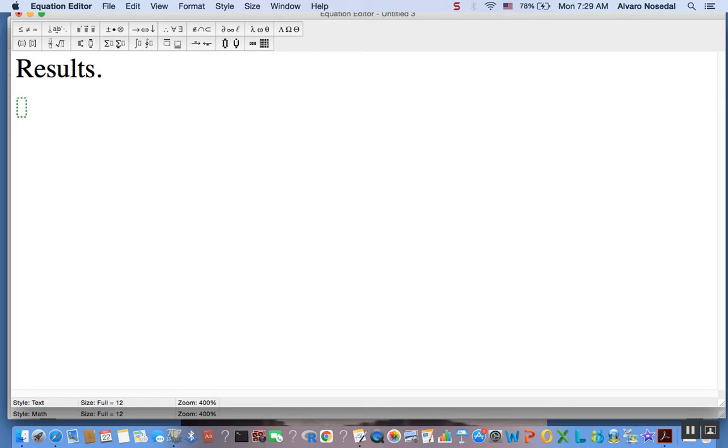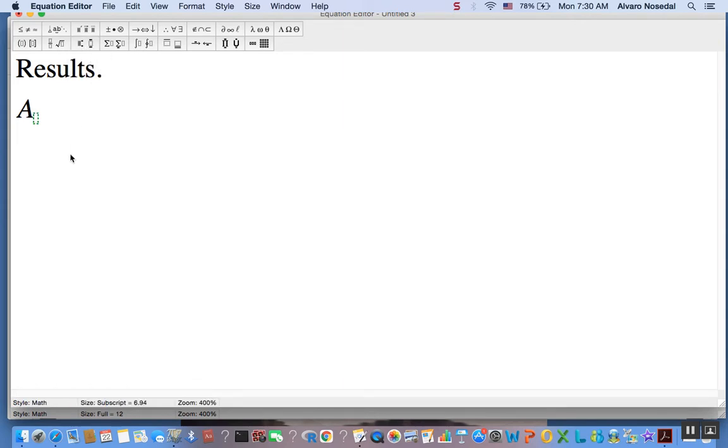Let me define a couple of elements here. A matrix of constants A with dimensions.